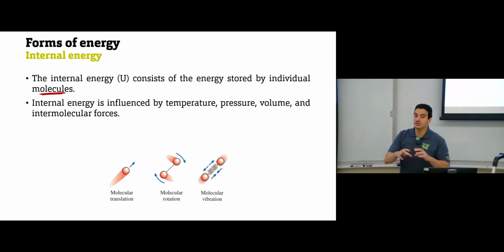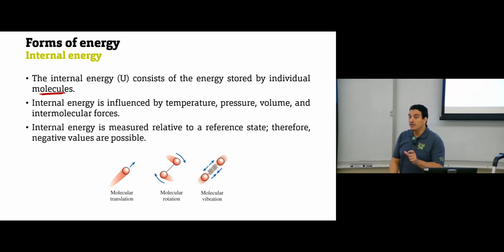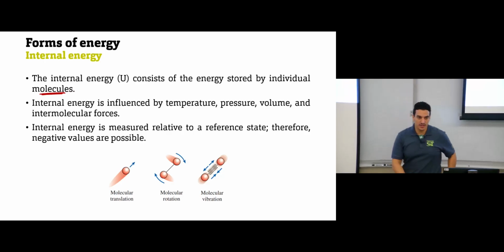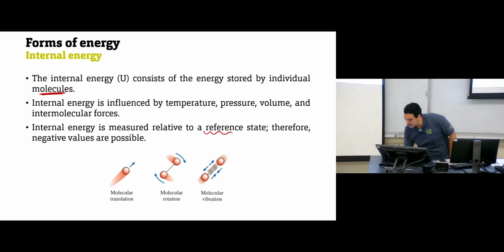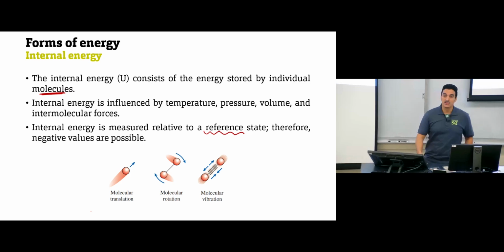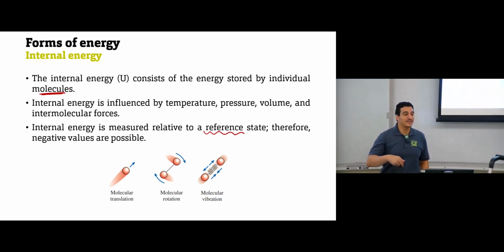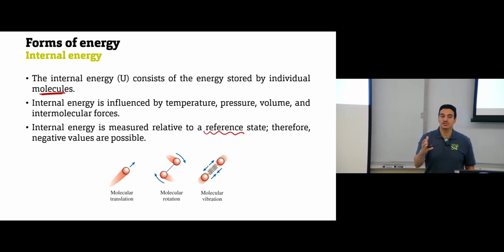All of these can affect the value of the internal energy. But we cannot measure the absolute value of the internal energy. What we are doing is measuring internal energy relative to a reference. This is why sometimes you can have a negative value of the internal energy. This doesn't mean that the molecules are not moving.